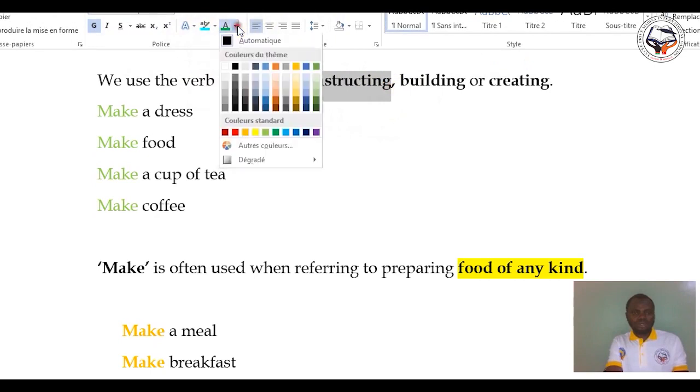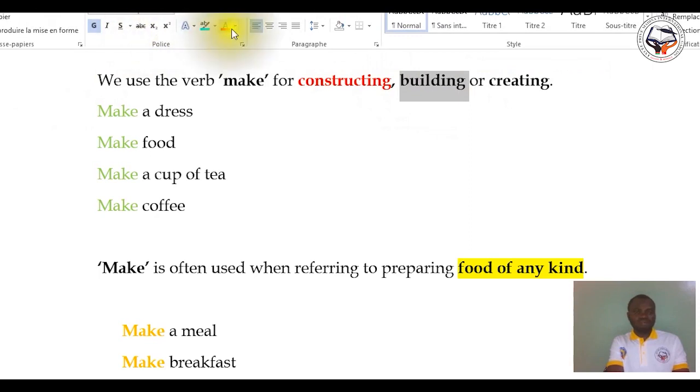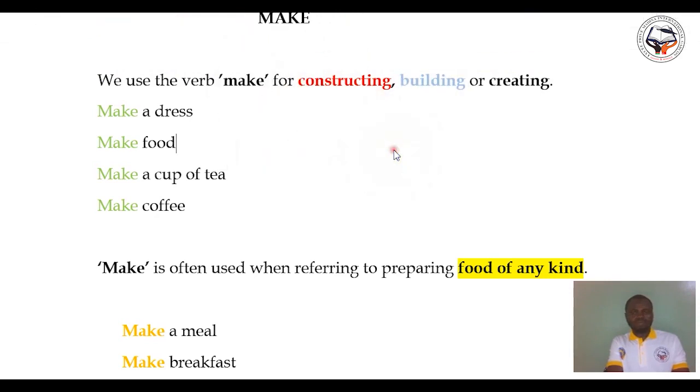Which color am I going to use? So let us use the red one. Okay, so for constructing, building is a technical word too, so I will give it another color. Okay, the blue one.